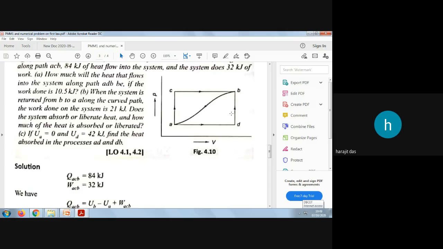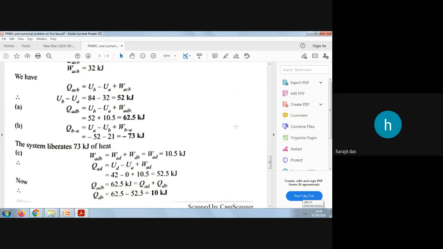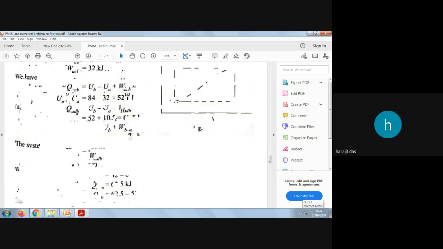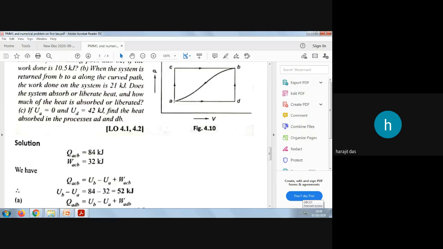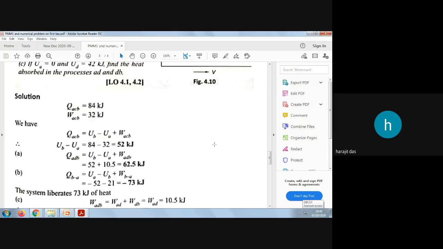We have found the total amount of heat, but they are asking to find the heat interaction in the process AD and in the process DB. So how will we solve that? We will write WADB, the whole process. It is composed of WAD plus WDB, isn't it?